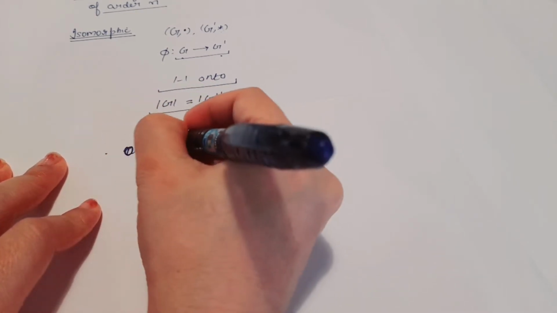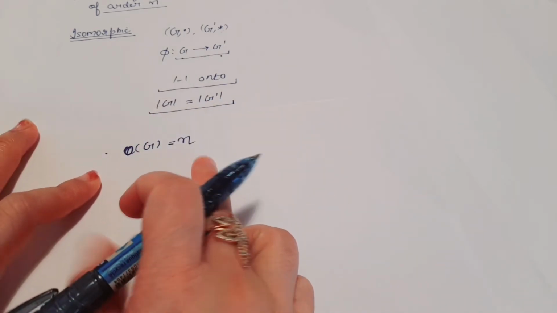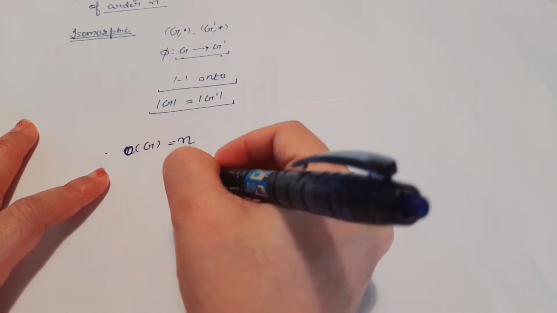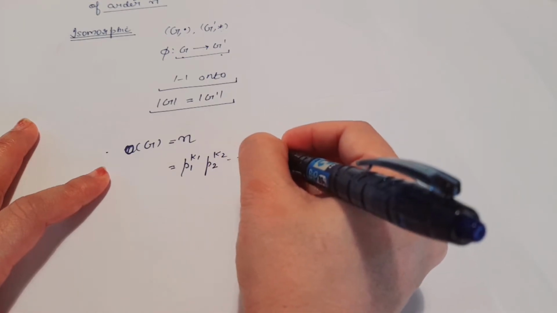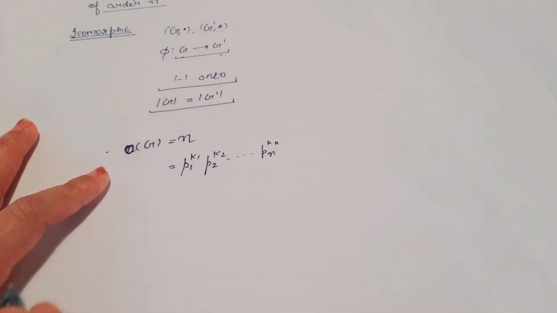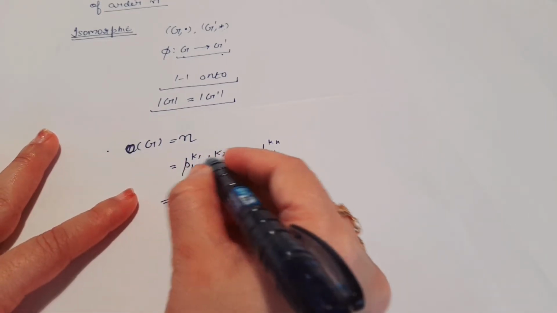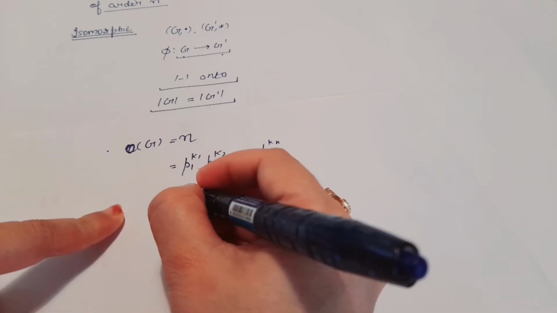Then you need to do the prime factorization of n: p1 raised to power k1, p2 raised to power k2, and so on up to pn raised to power kn. Then you need to take partitions of these powers, not these primes.